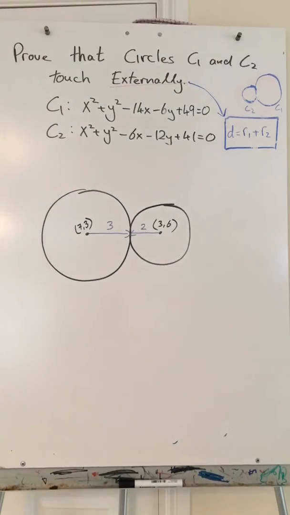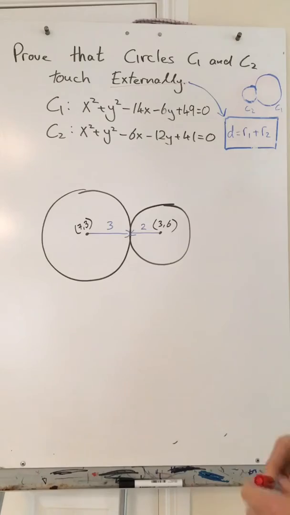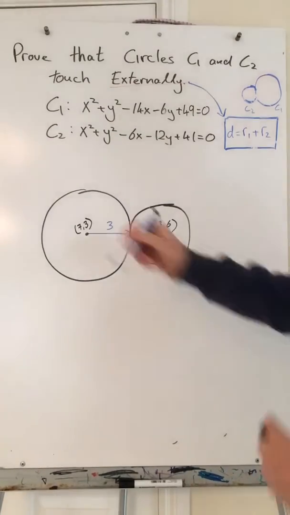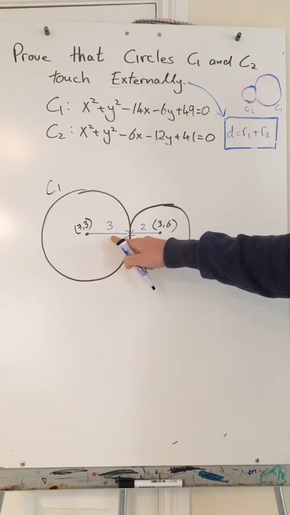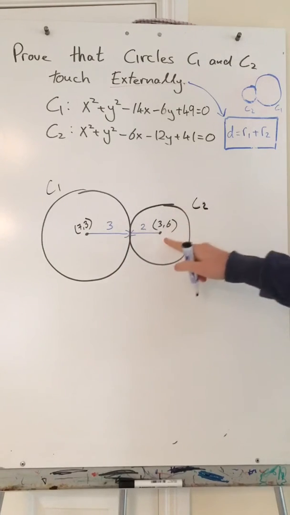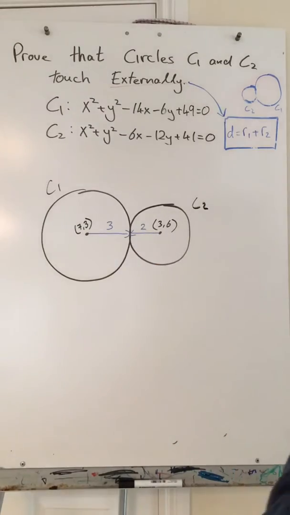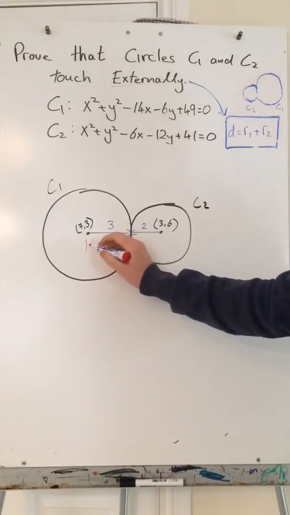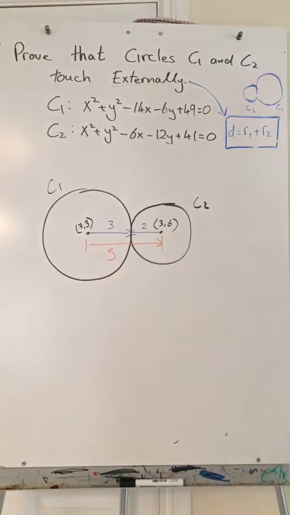I'm just going to show you now, it's the same question, but I have a proper diagram drawn. This circle here is C1, and it has a center of 7, 3 and a radius of 3. And this is the circle C2, it has a center of 3, 6 and a radius of 2. Using the distance formula, we found the distance between the two centers was 5.